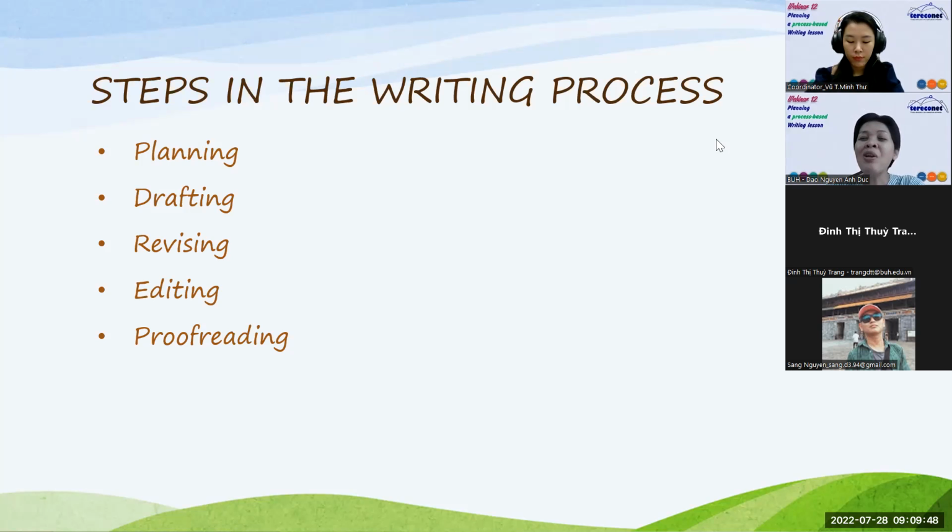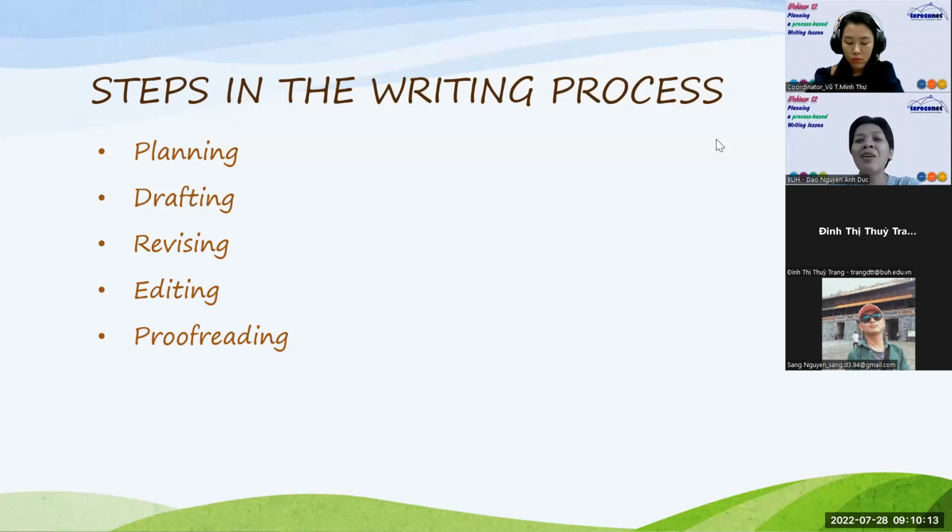So what do you think can be done at home? I mean, the last three parts could be done. Revising? Do you think we can ask the student to revise the writing task on their own? I think it really depends on the situation, your students' level, and many other factors. And editing as well.